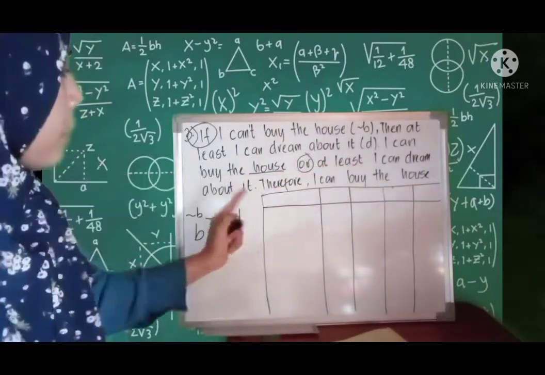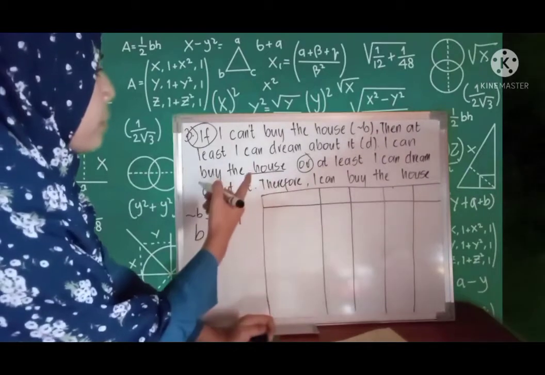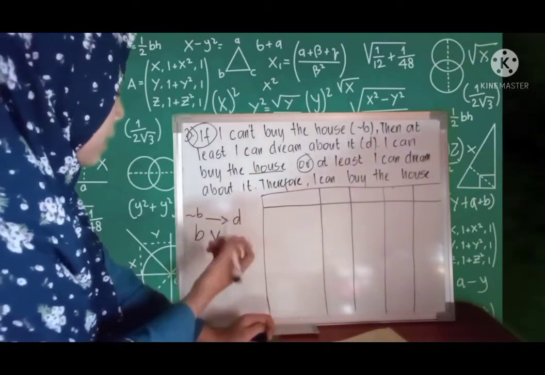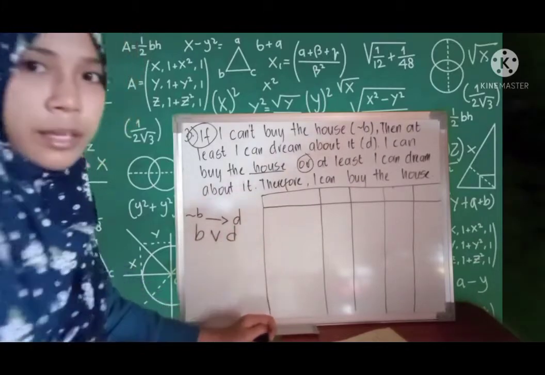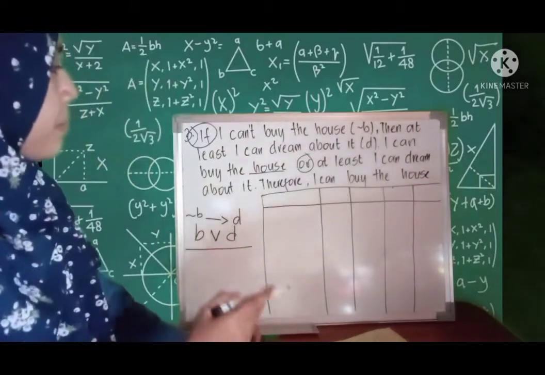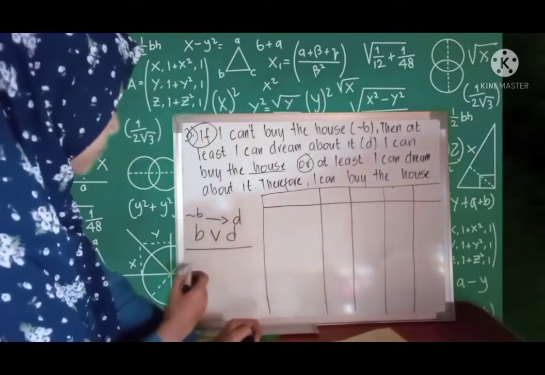At least I can dream about it. So, dream represent as letter D. Then, sa conclusion na tayo. Therefore, tatlong dot.